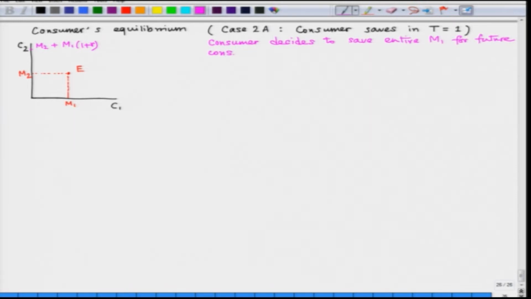Then we need to join these two points and extend the line so that it meets the x axis as well. The x axis intercept will be M1 plus M2 divided by (1 plus r). So, that is the present value that we have discussed.